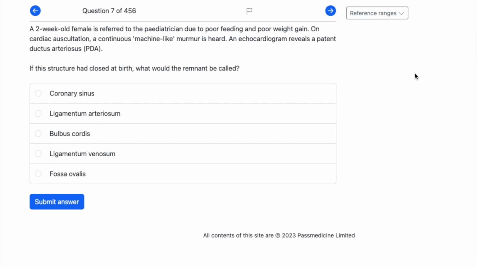Next question. A 2-week-old female is referred to the pediatrician due to poor feeding and poor weight gain. On cardiac auscultation, a continuous machine-like murmur is heard. An echo reveals a patent ductus arteriosus.